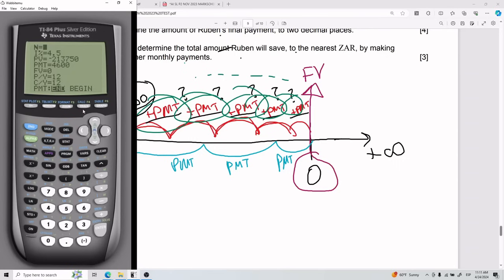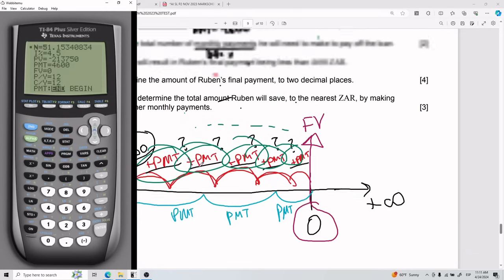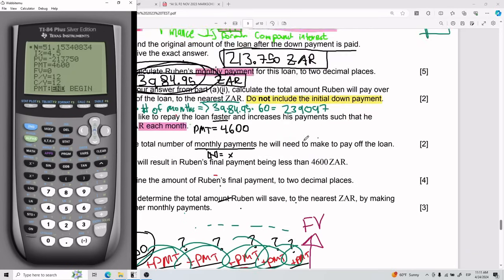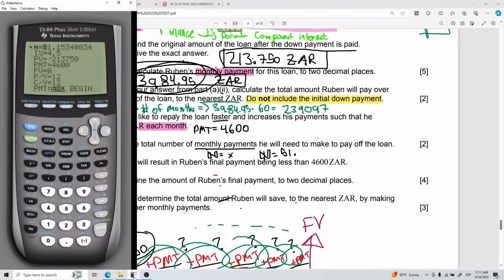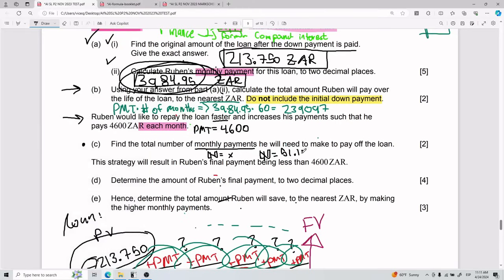You solve for N. Alpha enter to hit solve. Big N is 51.153.